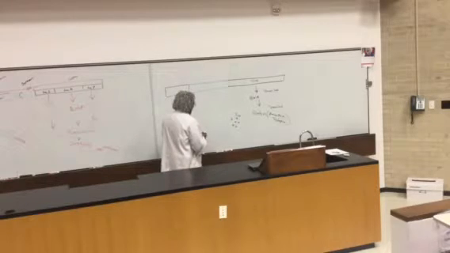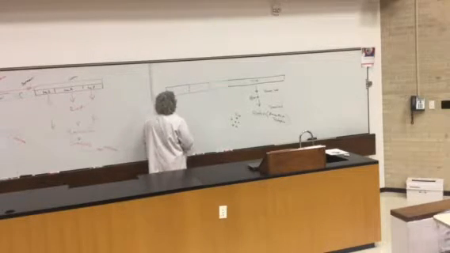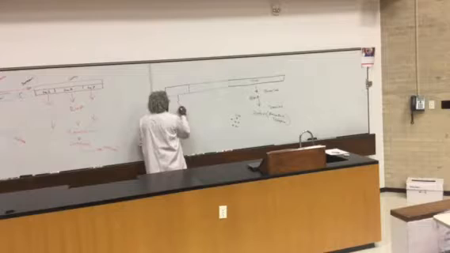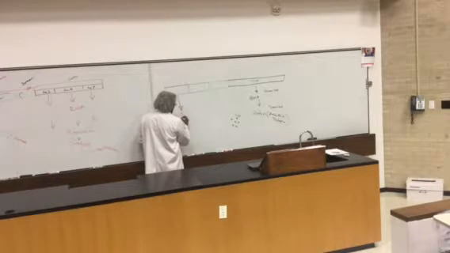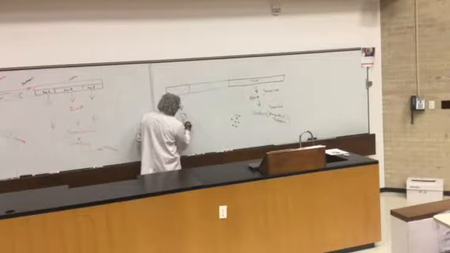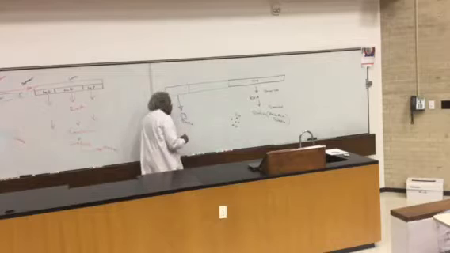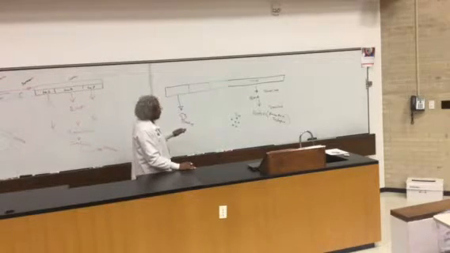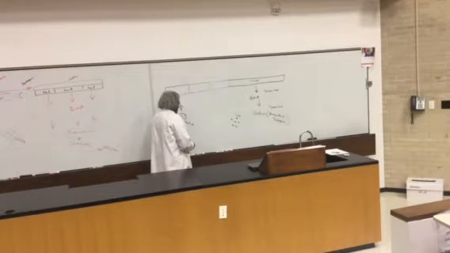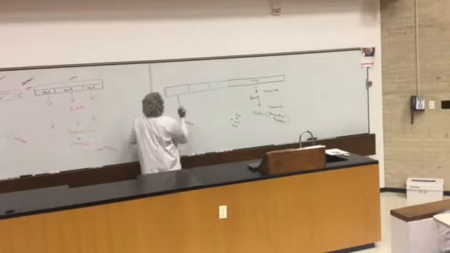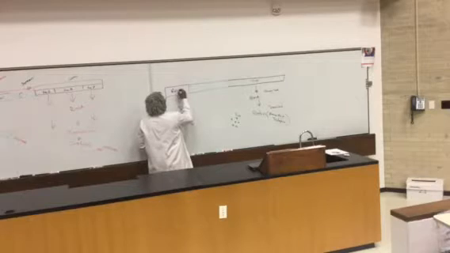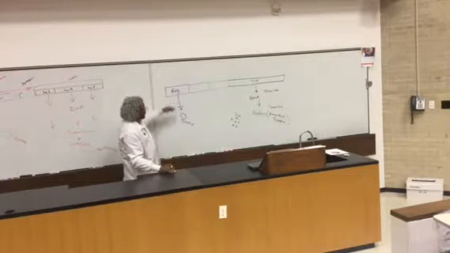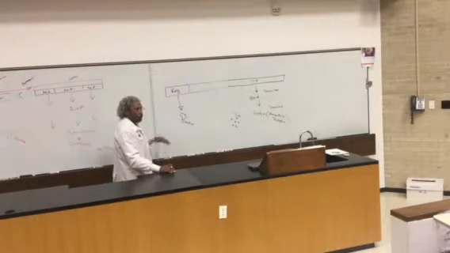Normally, this is producing an inactive form of this. This right here is a regulatory gene. The regulatory gene is producing an inactive form of the suppressor.